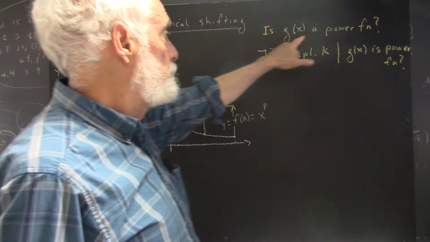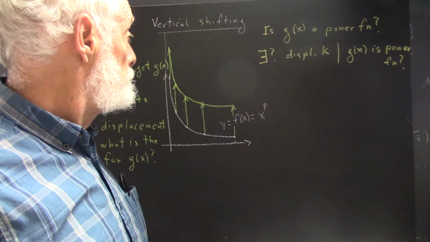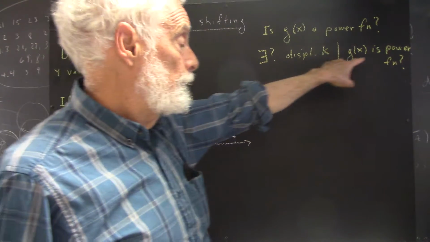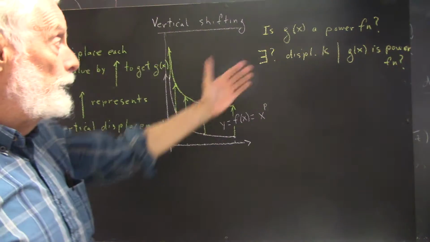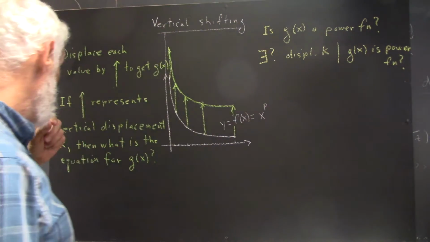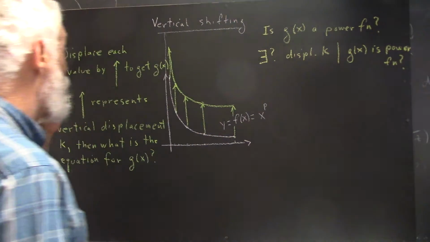Now, of course, if g of x is indeed a power function, then your answer to this question is yeah, because k could be any number, it means g of x is always a power function. So certainly there exists a k, just pick any k.